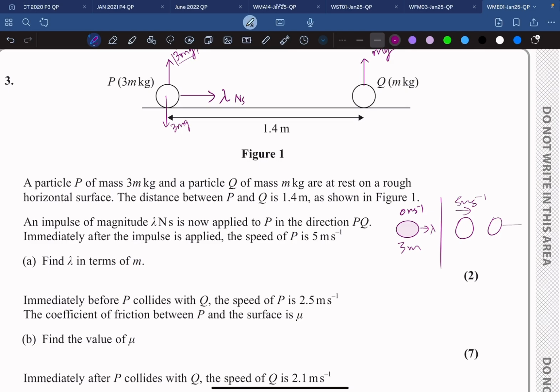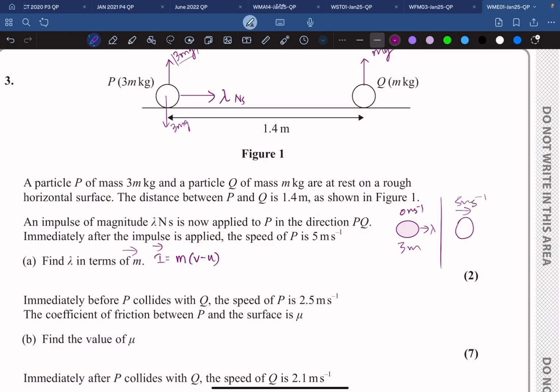Going down this same path, you're not going to be at 5 meters per second. Why? Because you're on a rough horizontal surface, so your speed is going to decrease. Now, we know the formula: impulse is equal to m times (v minus u). Impulse is acting towards the right, so we're going to solve this by taking the right side as positive.